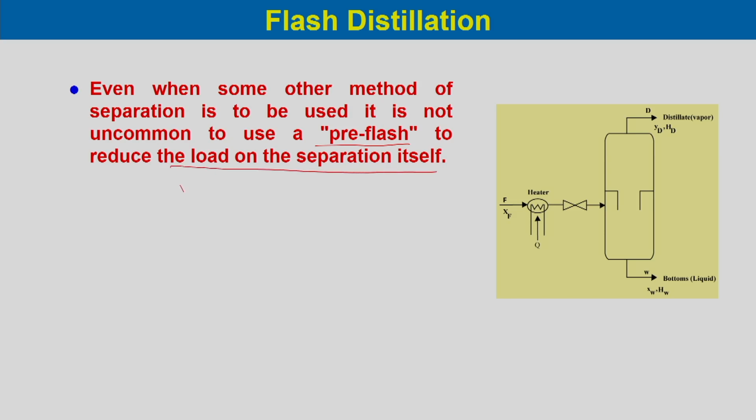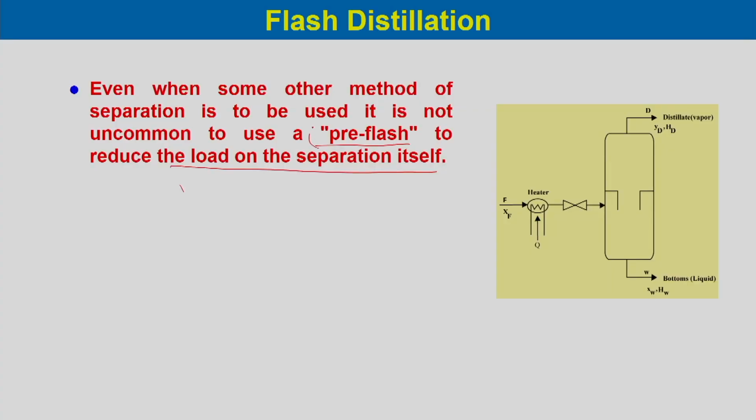Generally, if you look into any separation process with a complete distillation tower, before that you might have installed a pre-flash. In this way we can reduce a huge load on the main tower, so pre-flash can be used as a method ahead of other separation processes.